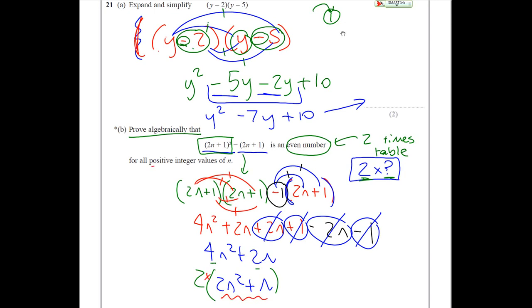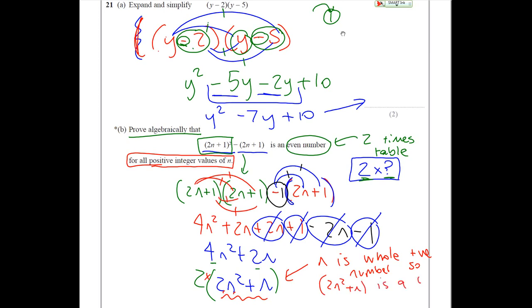Well, it tells us that n is a positive integer. Okay, so n is a whole number. That's what positive integer means. Okay, whole positive number. So if you square it, times by 2 and add it on again, you still get a whole positive number.